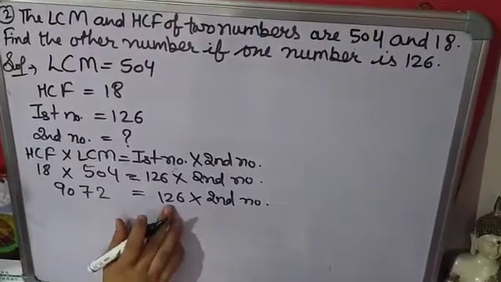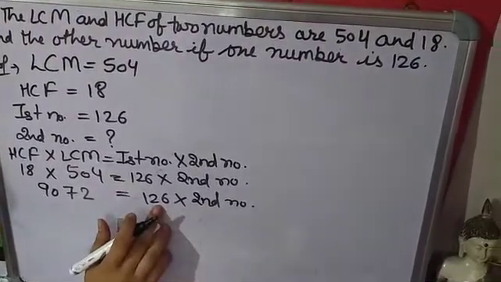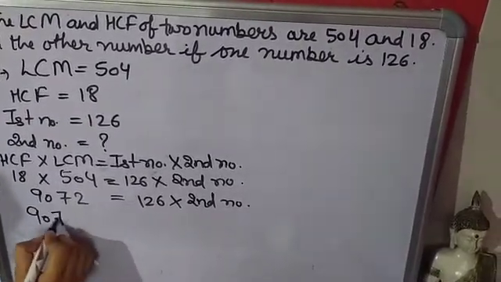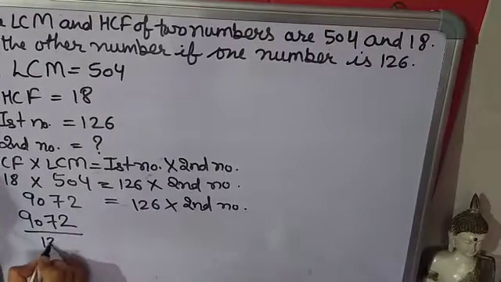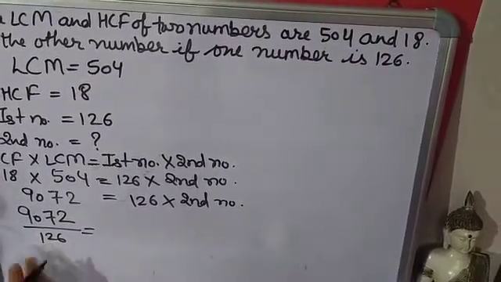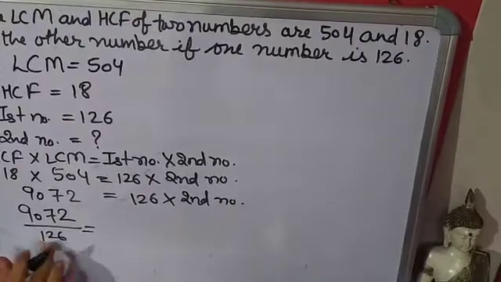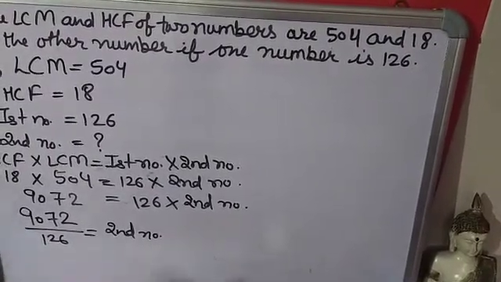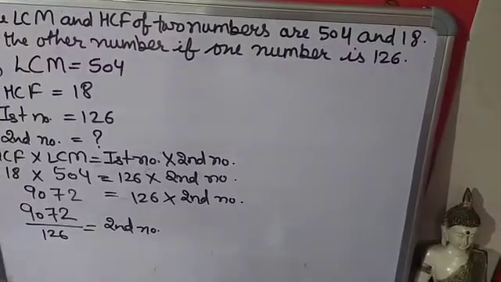Now 126 here is with multiply sign. When it will go there, it will be with division sign. So 9072 we have to divide by 126. Now there we will do division.